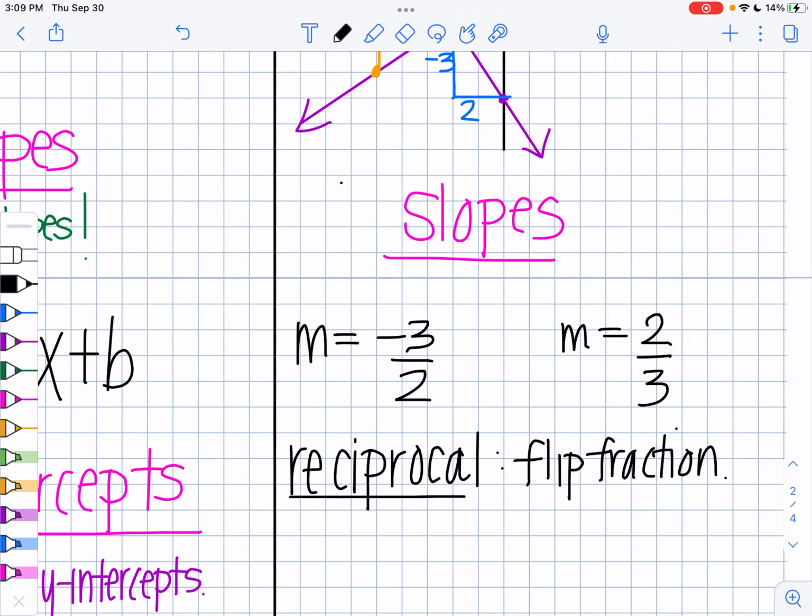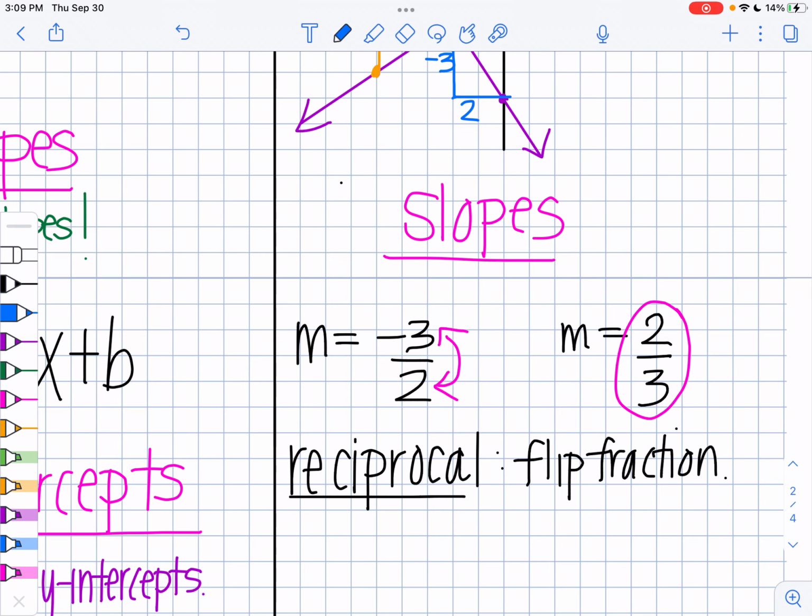So if I take my fraction negative 3 over 2 and flip my numbers over, if I take my 2 and my 3 and flip them spots, see how I get 2 over 3 over here? The only difference is this one is negative and this one is not.